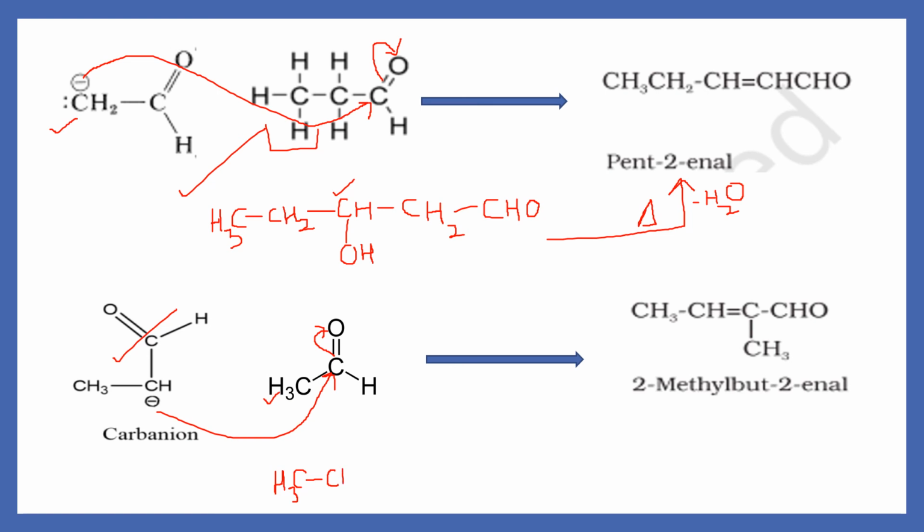The CHO is going to convert to CHOH, and here the CH will come now, and this CH in turn is attached to one more CH3, further CHO. So I have got my aldol here. I'll simply heat it and get this 2-methylbut-2-enal by loss of a water molecule.